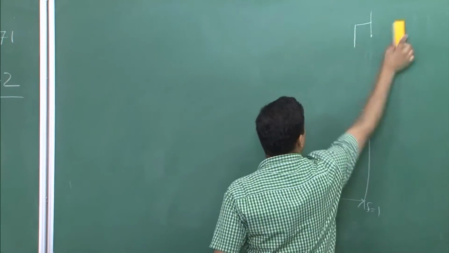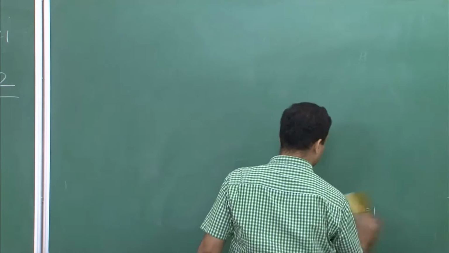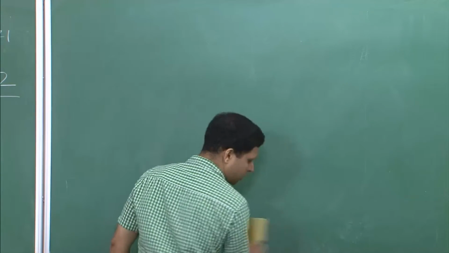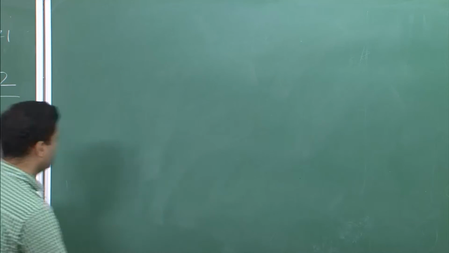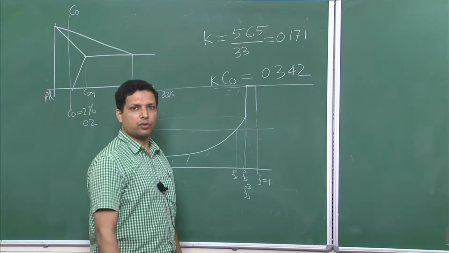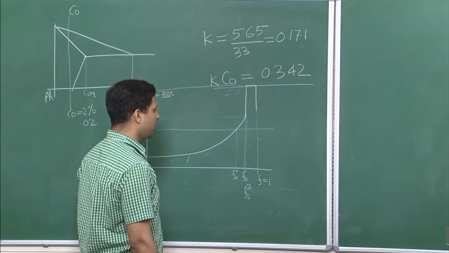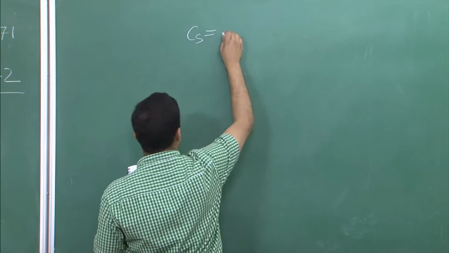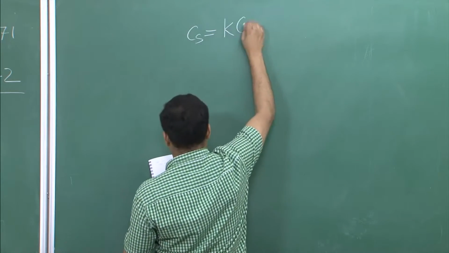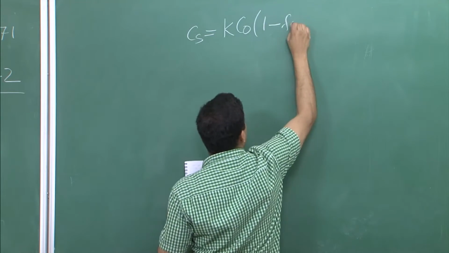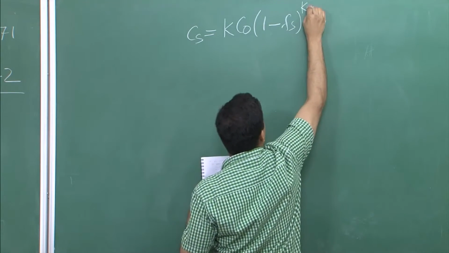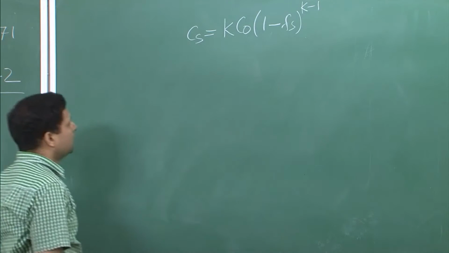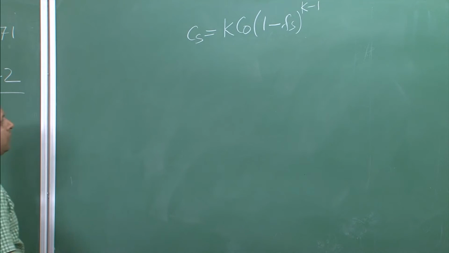What is the equation that we will use over here? We will use the Scheil equation because it is the Scheil equation that is valid when you have no solid diffusion and complete homogenization in liquid. So let us write the equation, which is what we need here is Fs.